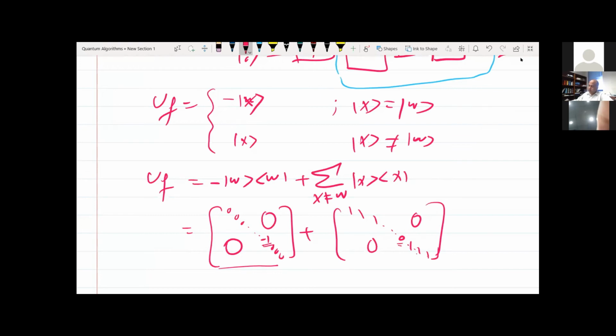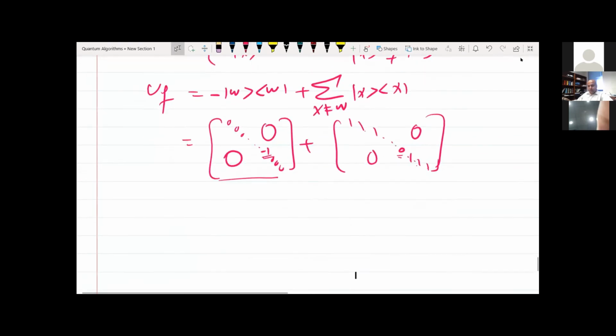So if W comes from the right side, this gives it a minus sign, this does nothing, this part converts it into 0. So the overall action is that if W comes in, you get a minus sign, and if X comes in, this gives it 1, and this multiplies with 0, so you don't get anything from here.